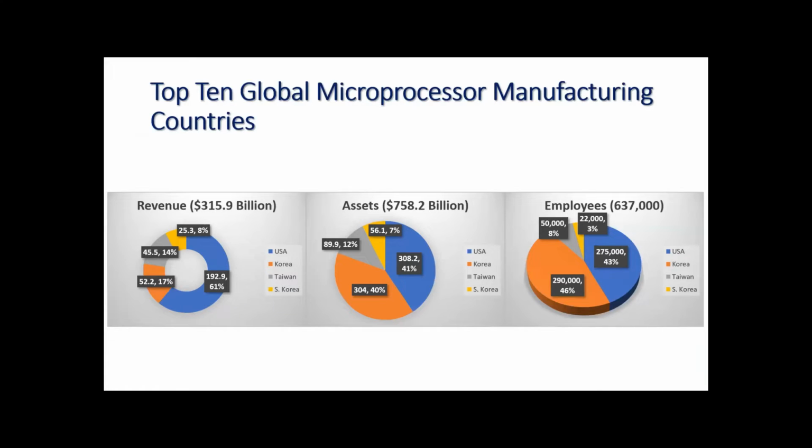The USA right now holds 61% of the market, a $316 billion market. 61% of this, which is approximately $200 billion, is held by the USA. And close to that is 17%, which is held by Korea, which is $52 billion. And Korea is close to Taiwan, which is $45 billion.